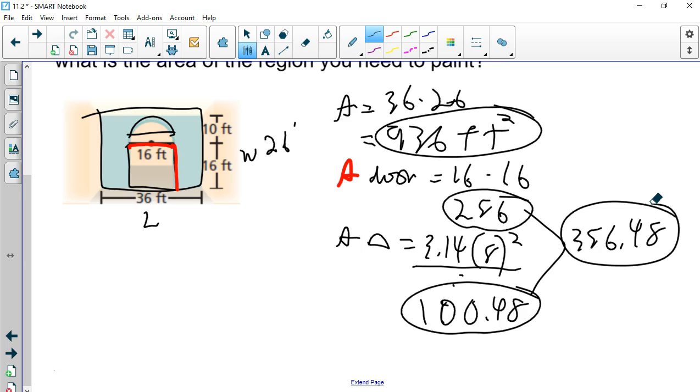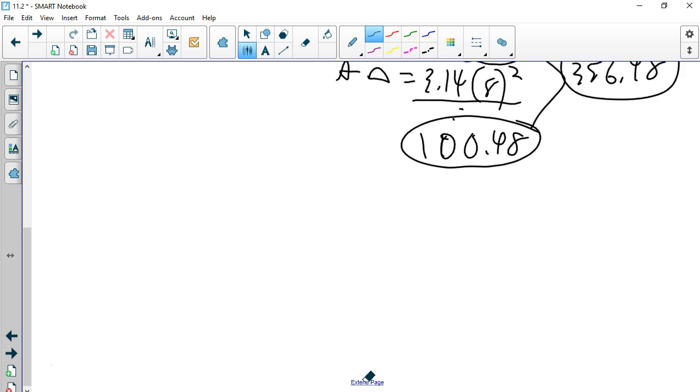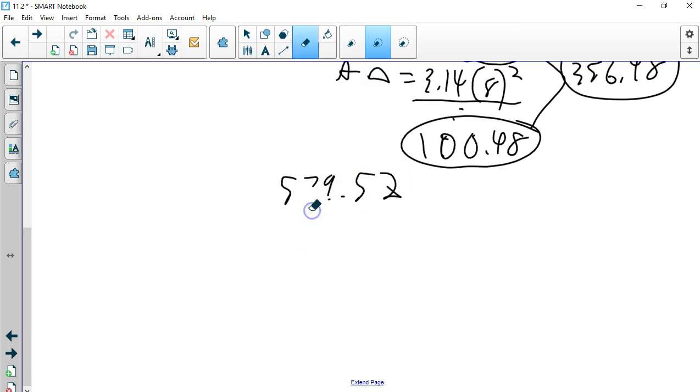So 936 minus 356.48, and our final answer is 579.52. And that was square feet. Final answer.